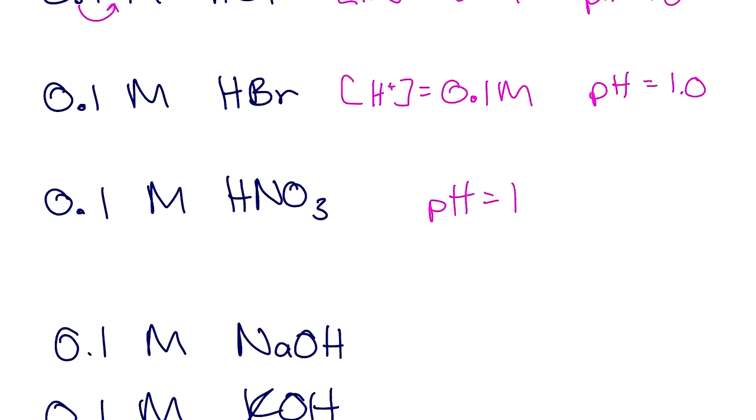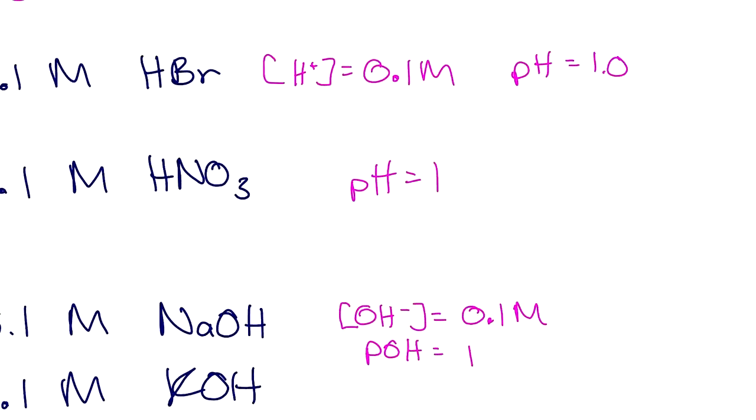Sodium hydroxide is a strong electrolyte, so we can make an assumption that the hydroxide concentration in this solution is 0.1 molarity. So how would we calculate pH? We want to calculate pOH first. So what is pOH? 1. So does that mean this solution's acidic? Nope, because what do you got to do? You got to convert to pH, so what's the pH? 13. This is all at 25 degrees Celsius.